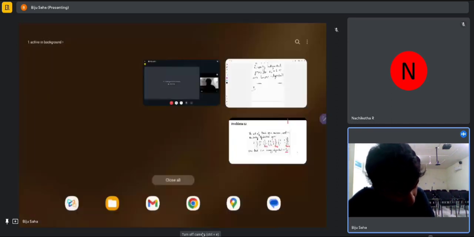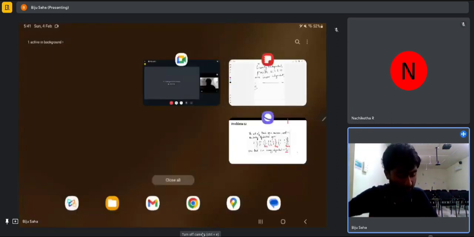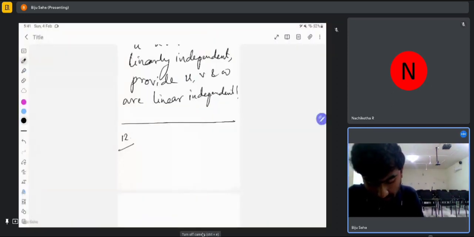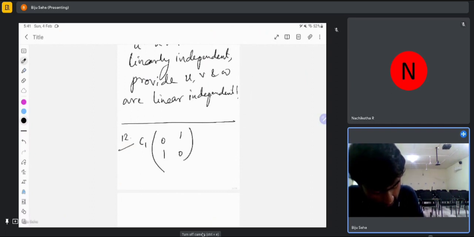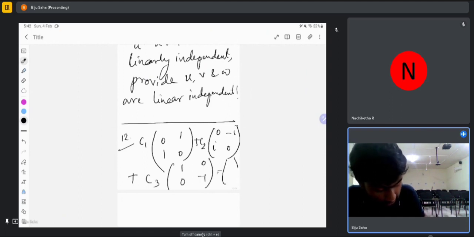So let us check whether they are linearly independent or dependent. To check linear independence or dependence, we start with the very equation we started with earlier, that is c1 times the first matrix, plus a coefficient times another matrix, and so on, equal to 0. In this case it is a 2 cross 2 null matrix.